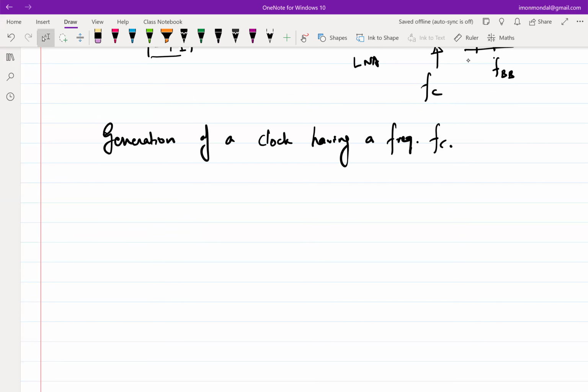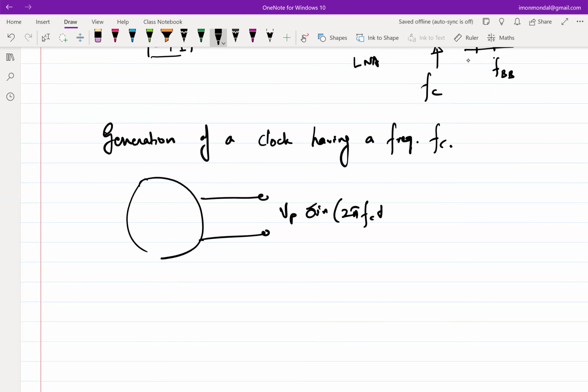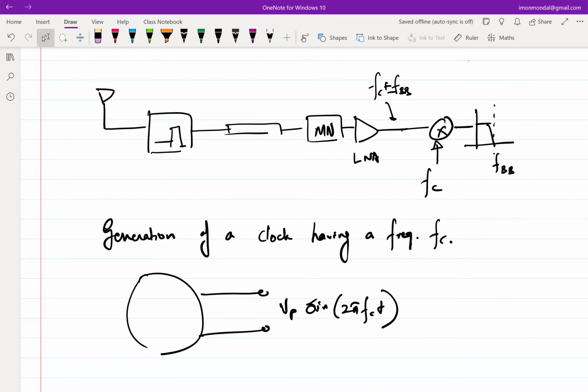When I say you have to generate a clock having a frequency FC, you can think of a block whose output will be VP sine 2 pi FC t. There is no hard constraint on VP.